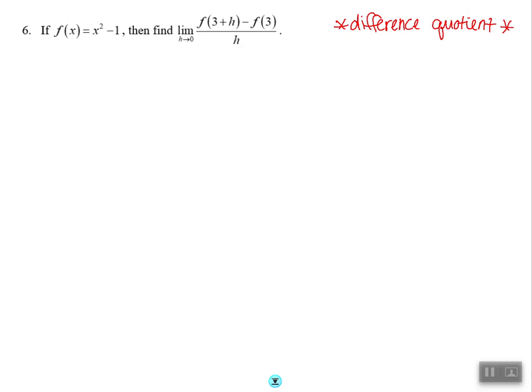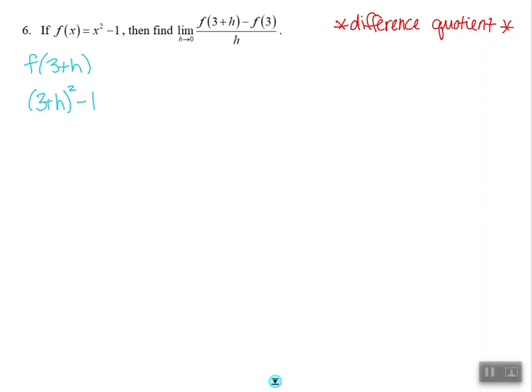And it is an important thing in calculus. We won't get into the details here. We'll talk about that later. So, to start with, we need to figure out what f of 3 plus h is. So this means I'm taking f of x and plugging in 3 plus h for x.